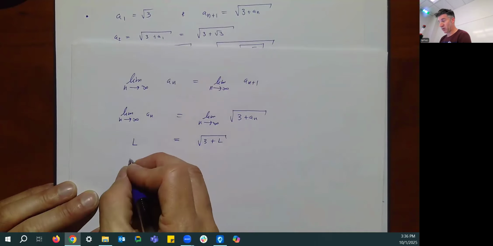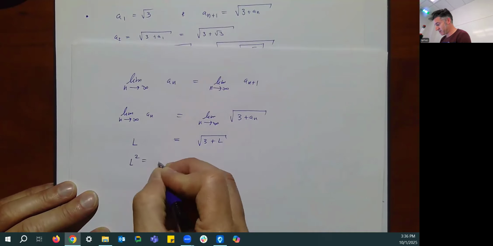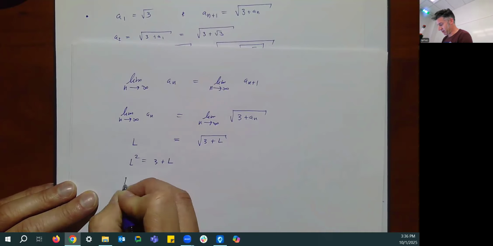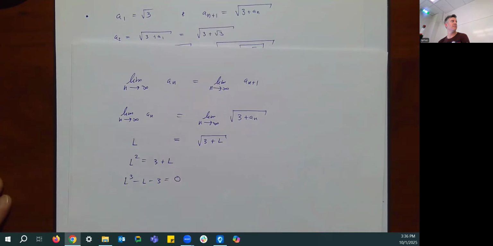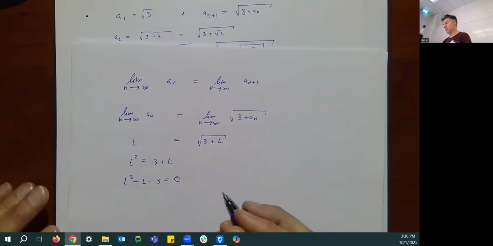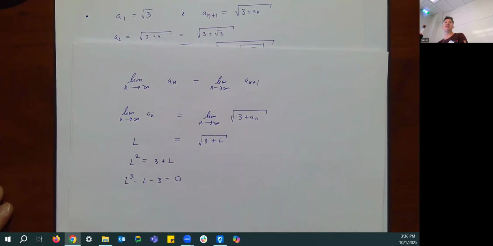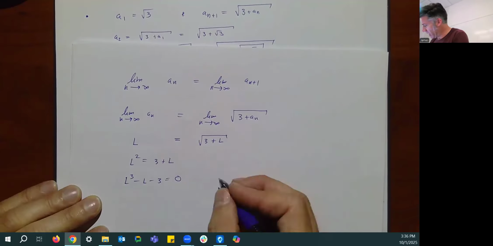So squaring both sides, bringing everything to the left. Oh, that looks familiar. It looks like our limit's either going to be (1 plus the square root of 13) over 2 or (1 minus the square root of 13) over 2. Not the 3 I was hoping for. Sorry.